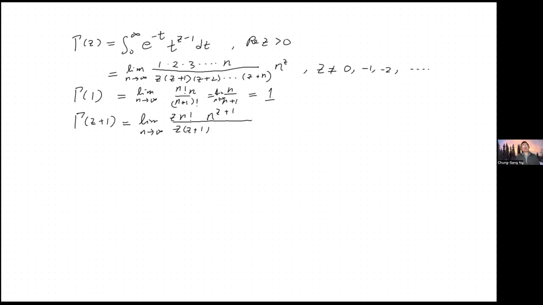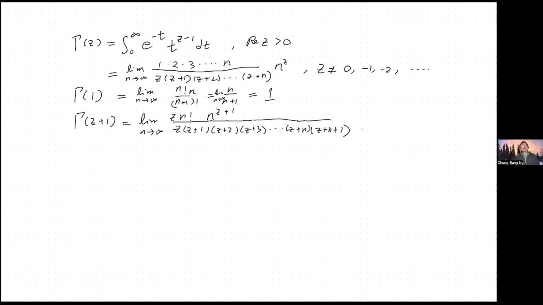This becomes z plus 2, then z plus 3, and altogether z plus n plus 1, with z plus n before it.